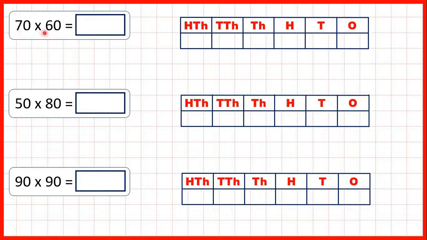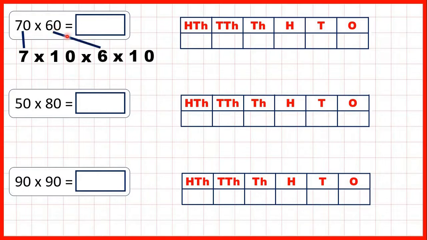Why you can just multiply the non-zero digits and then count the zeros. We know that 70 is the same as 7 times 10, and we're multiplying by 60, which is the same as 6 times 10. But remember, with multiplication, we can multiply in any order. So we can start with 7 times 6. That's 42.